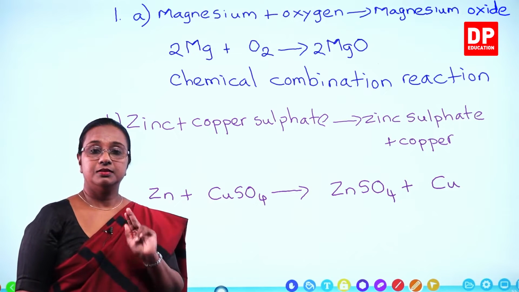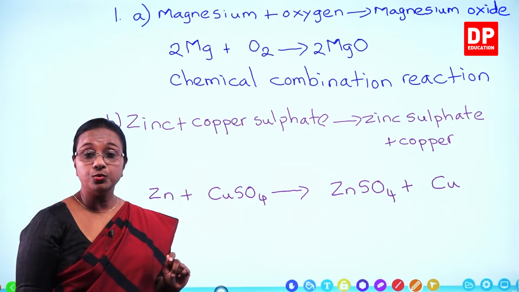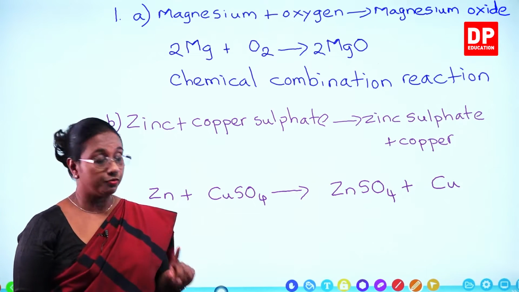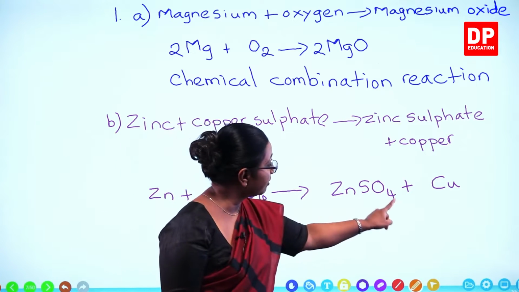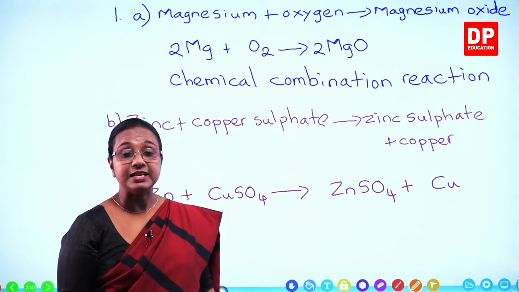Copper, the valency is 2. Sulfate, SO4 2 minus. So the formula is CuSO4. The same way, zinc valency 2, sulfate SO4 2 minus. So zinc sulfate is ZnSO4.